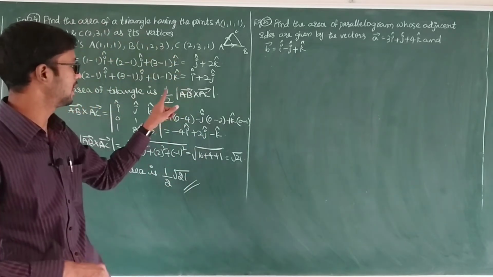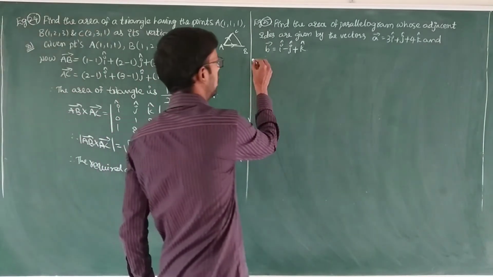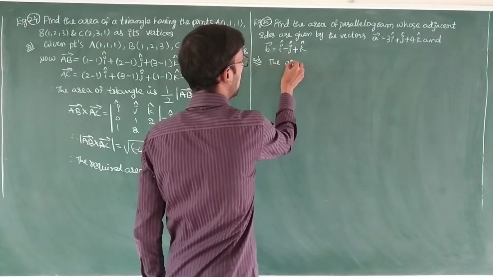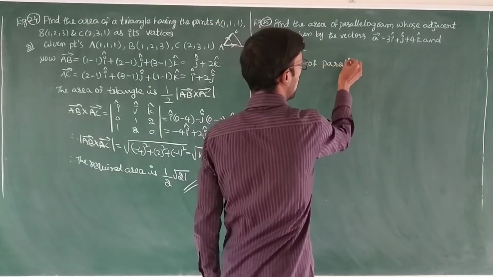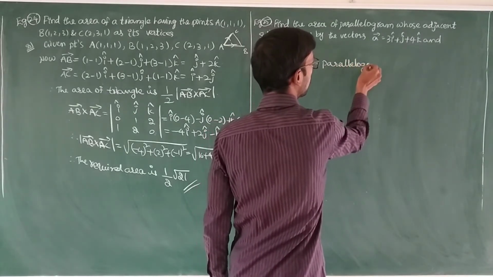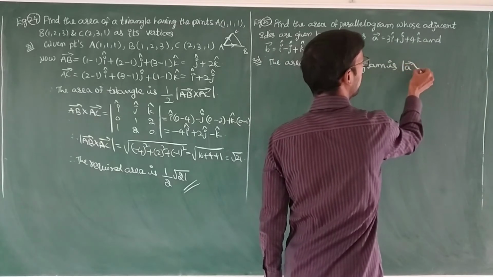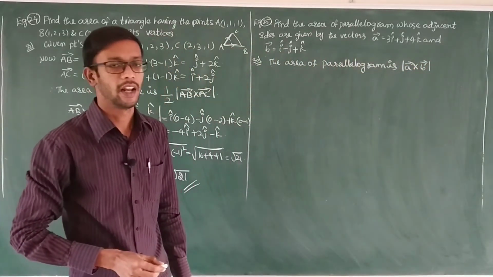Here the 1 by 2 we have to remove. So, solution: the area of the parallelogram is the magnitude of A bar cross B bar.